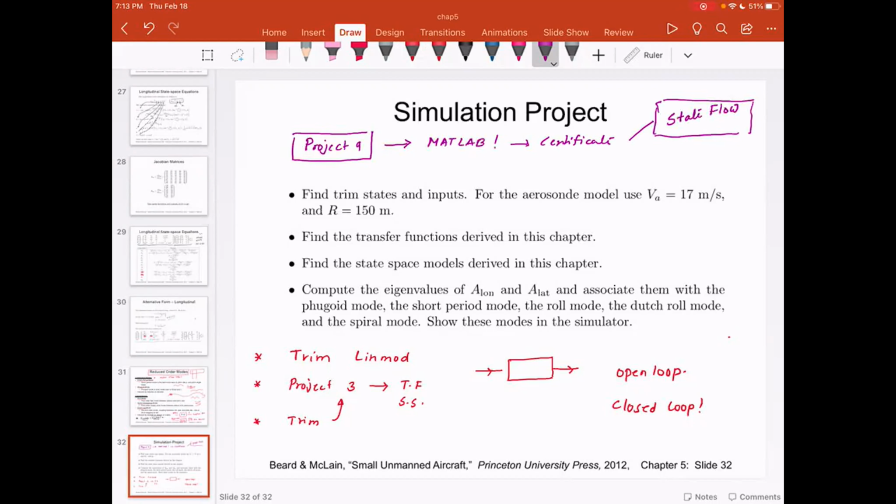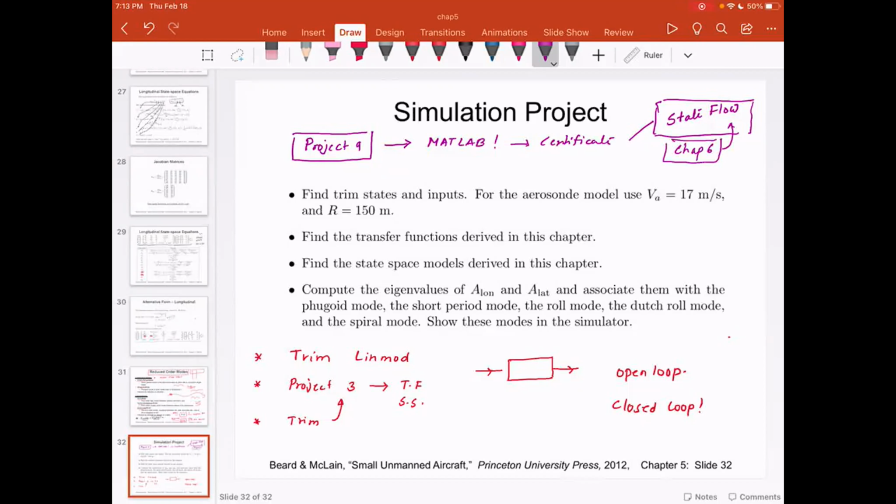So I would strongly encourage you to complete the MATLAB course on state flow, and I will show you where that is. So this is for the next chapter, for chapter 6. So when we look at chapter 6, we are going to use the information on the state flow. So I would encourage you to look at the MATLAB project 9.